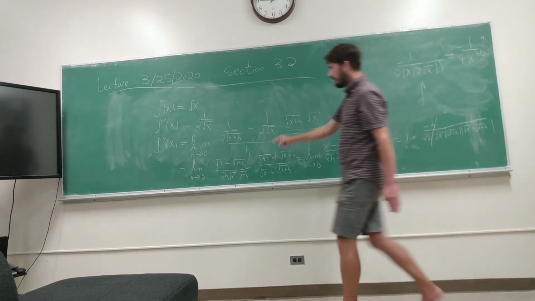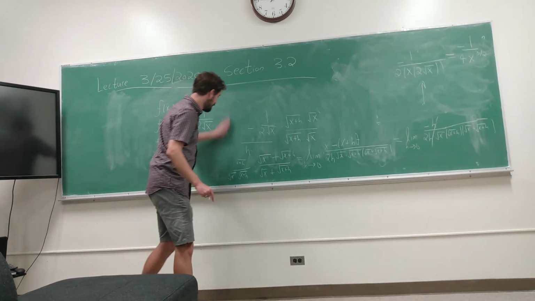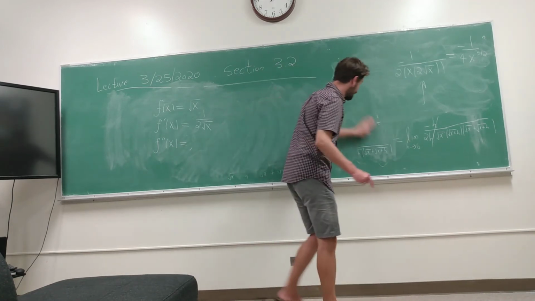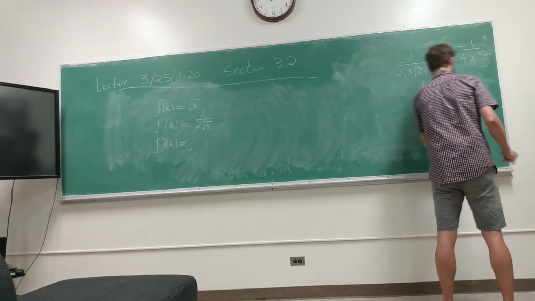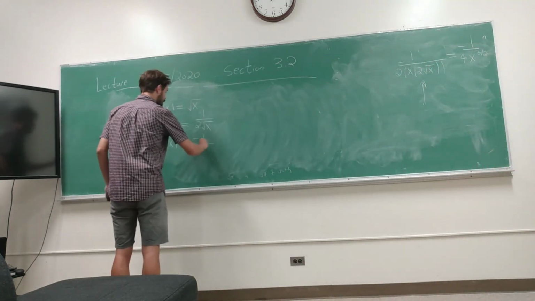So the second derivative here is going to be the function negative 1 over 4 x to the 3/2.